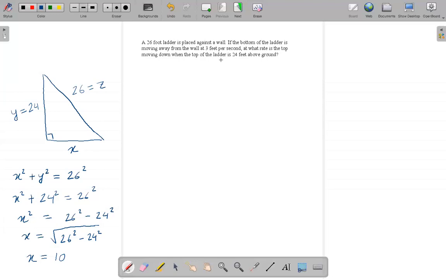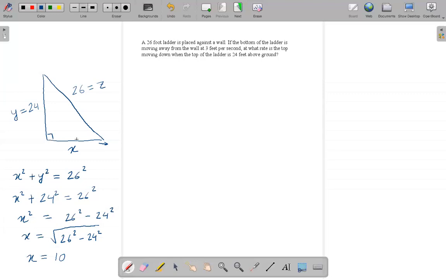Now, if you read this line, it says that the bottom of the ladder is moving away from the wall at the rate of 3 feet per second.